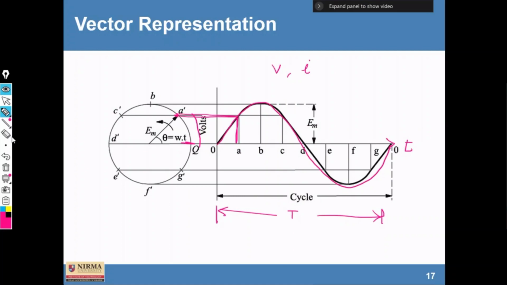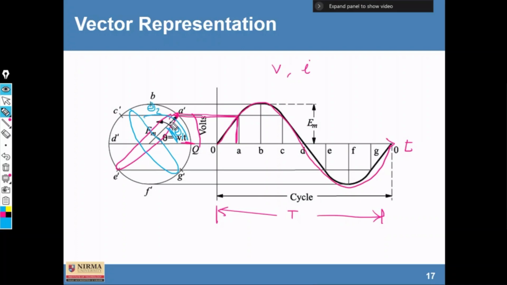Now, for example, if another quantity is acting here, suppose this is coil 1. If you consider coil 2 also, with respect to this there is an angle theta 1, and here it is angle theta 2.